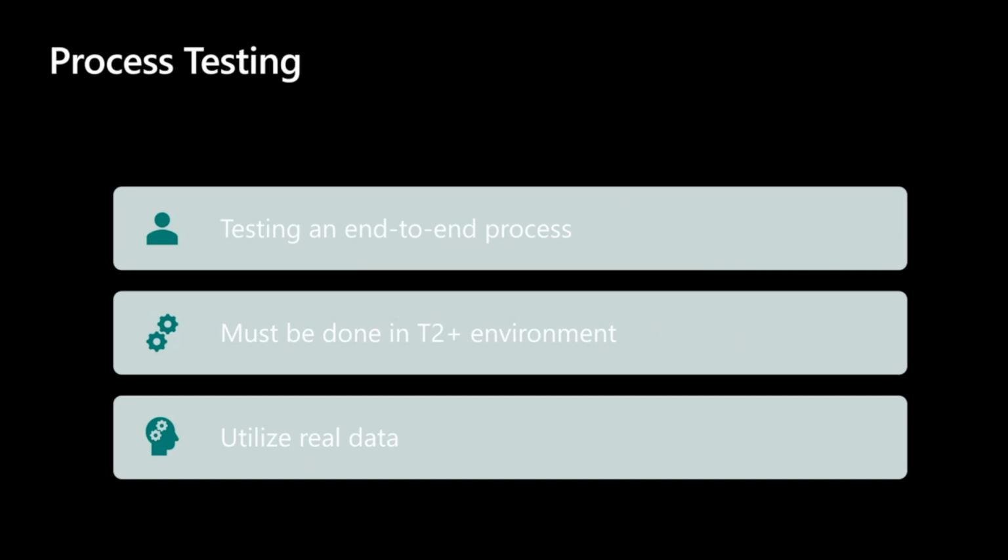And the other thing to keep in mind with process testing is that you utilize real data. So always start your data migration activities early in the project. As soon as you gather requirements and move into the configuration phase, make sure that you're also simultaneously working on getting your data cleaned up and ready, because you don't have until your go live date to get your data ready.